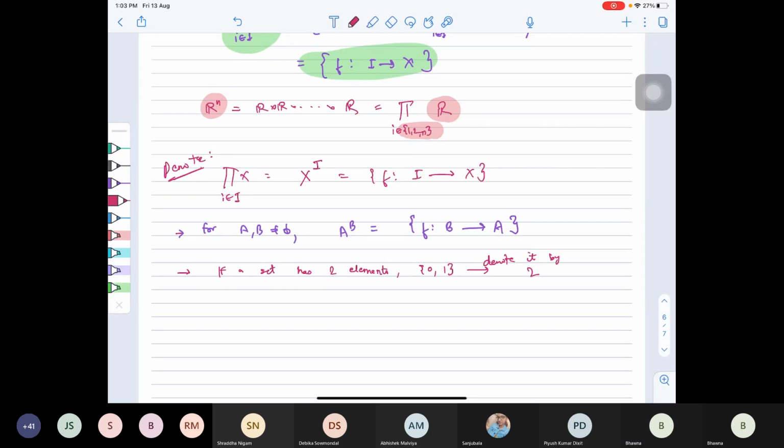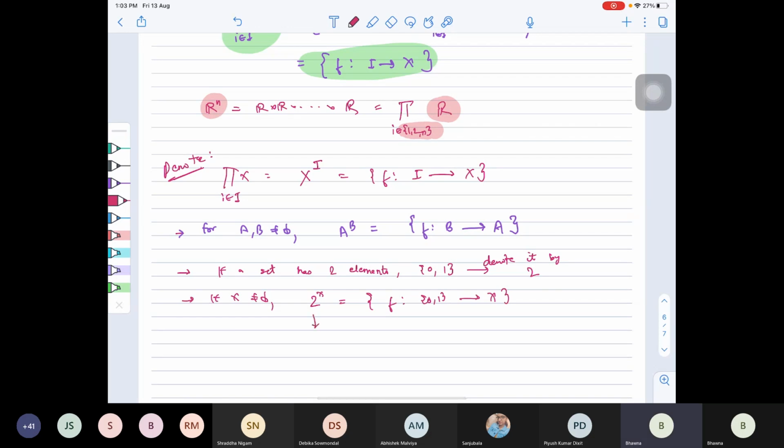It's a notation: a set with two elements I usually denote by 2. So if X is a non-empty set, then 2 to the power X means functions from X to {0, 1}.